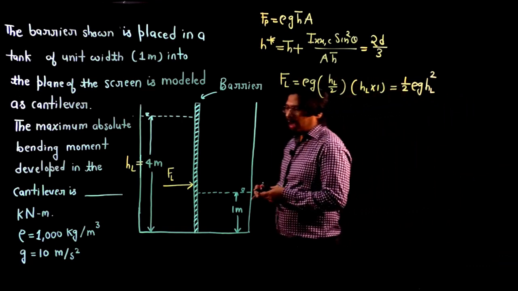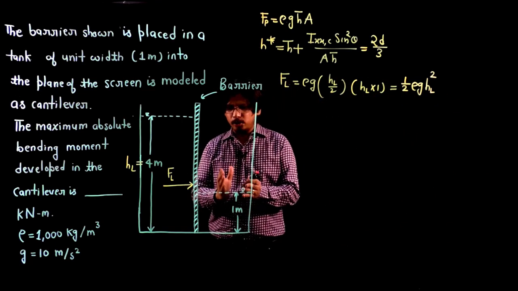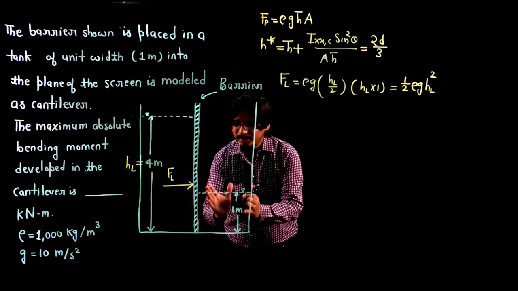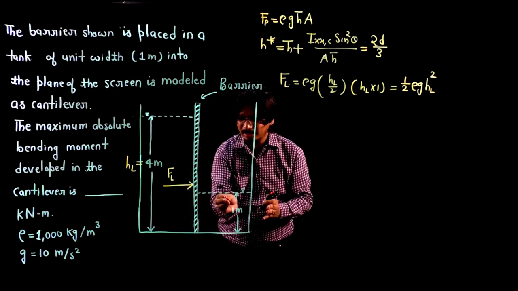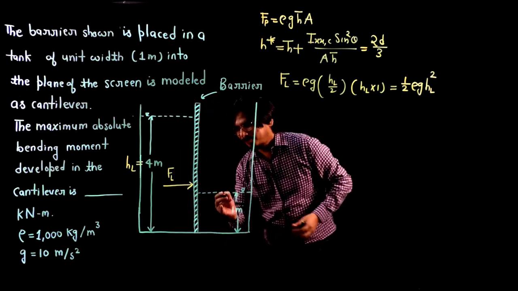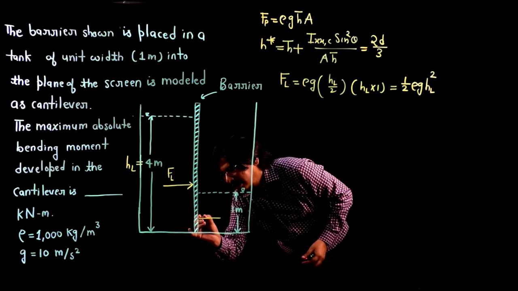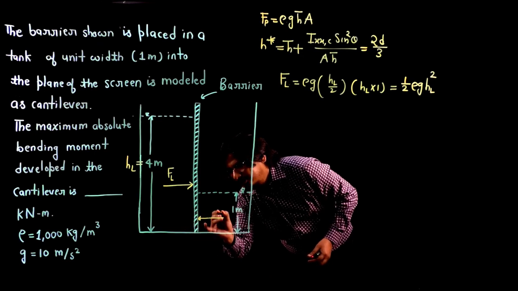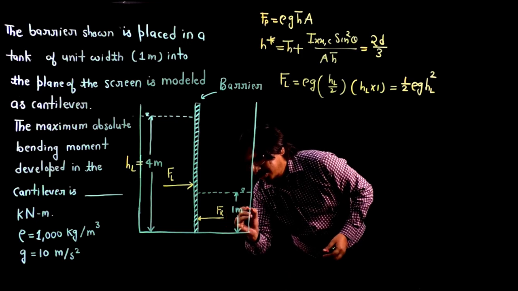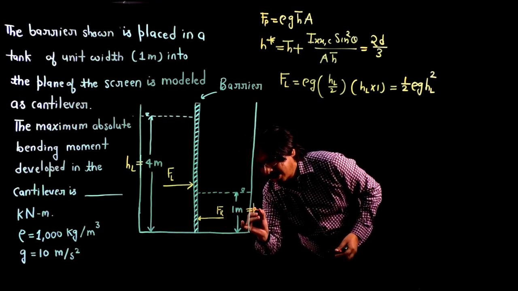Now similarly, if I calculate the hydrostatic force exerted by this right side water on this right face of the barrier, let me say it is Fr, and let me say the depth is Hr.